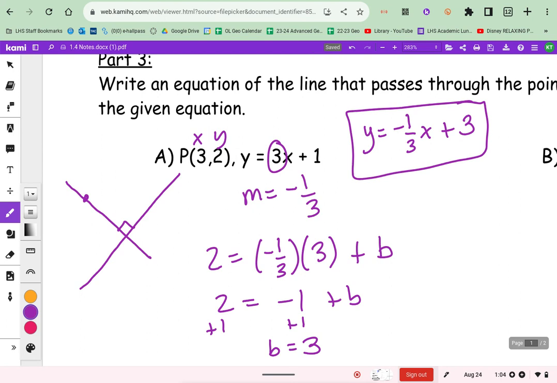So y equals negative 1/3 x plus 3. All right, just like before, try the next one on your own. Try B.